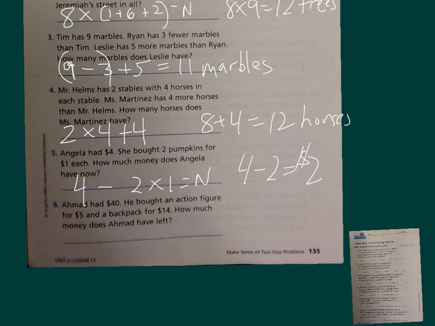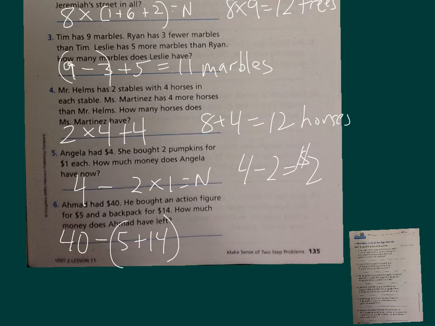The next one, Ahmad had $40. He bought an action figure for $5 and a backpack for $14. How much money does Ahmad have left? Well, he started with 40. Then he subtracted $5 for an action figure plus $14 for a backpack. In this case, put these in parentheses just to get that done first, okay?